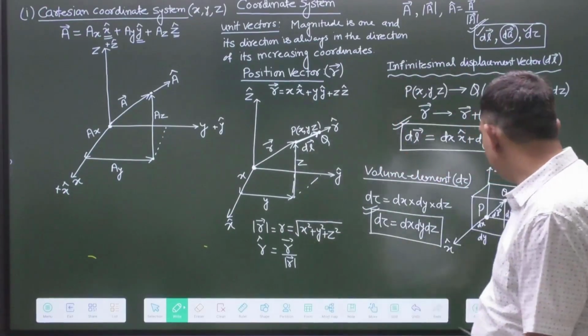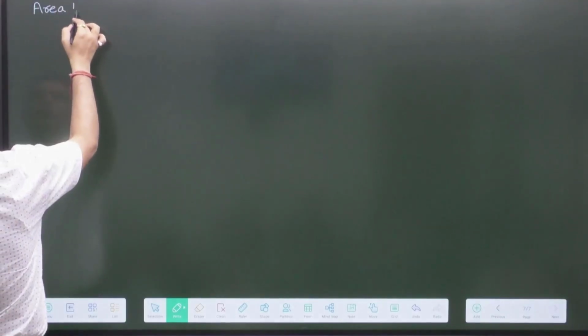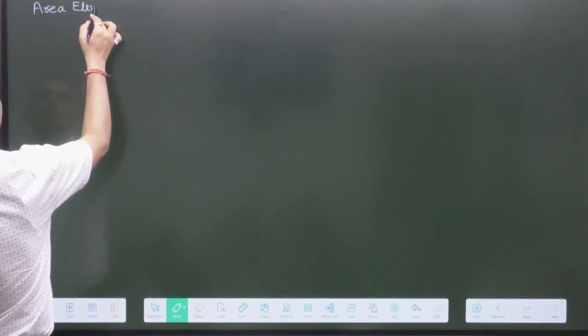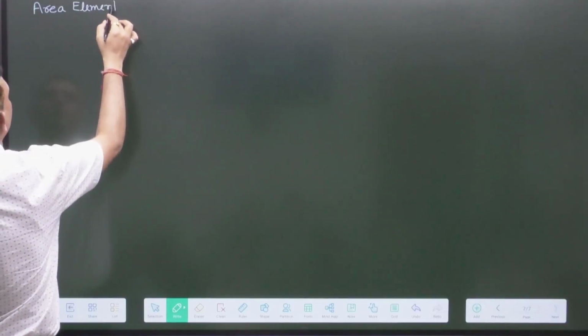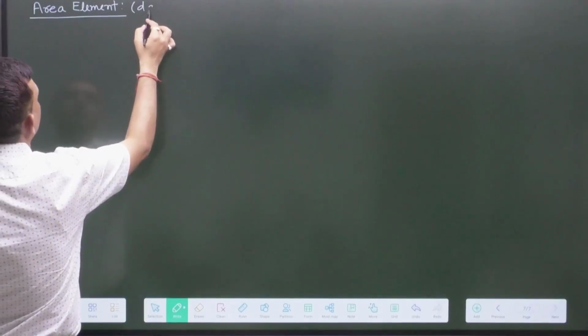So we will see how to write area element, dA vector.